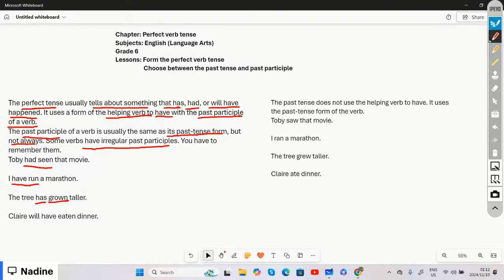And the last one, will you be able to identify the helping verb plus the past participle? It says Claire will have eaten dinner. What is our helping verb and our past participle within that sentence?